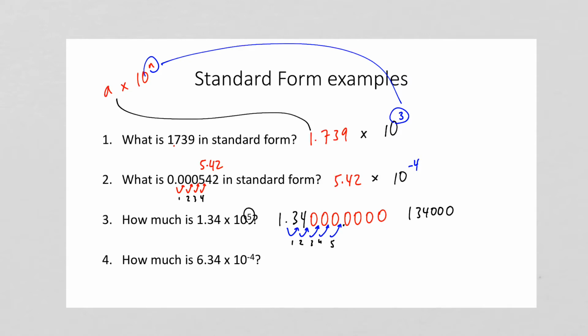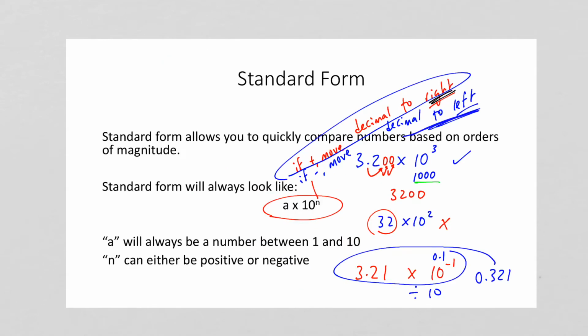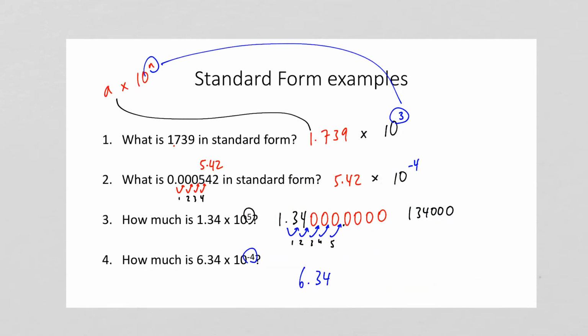Next question, how much is 6.34 times 10 to the minus 4? We have 6.34. This time, it's negative. I'm going to be moving the decimal to the left. So to help out with that, I'm going to put a bunch of zeros at the front. And just like before, if you put zeros before the decimal place, it doesn't change the number.